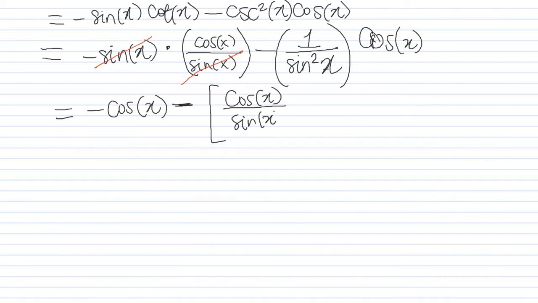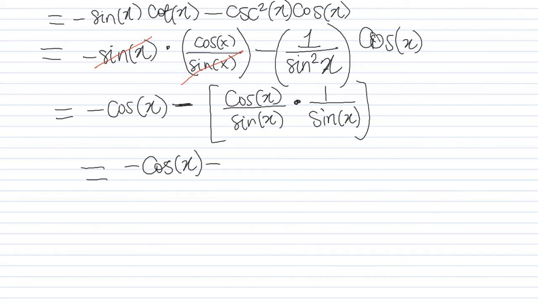multiplied by 1 over sine x, if you want to remove the square. So our answer can now be written as negative cosine x minus cotangent x.